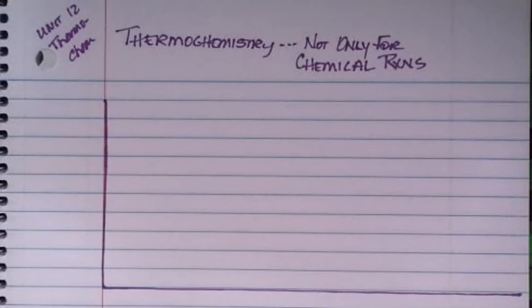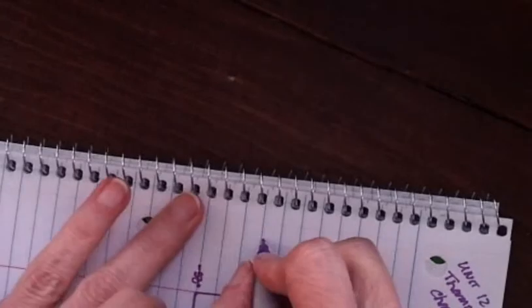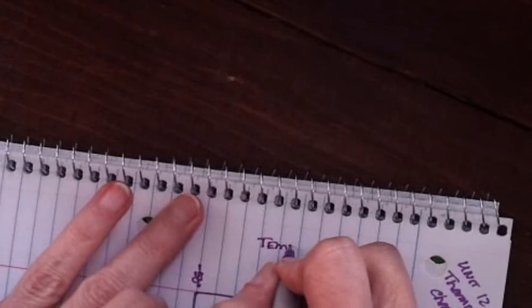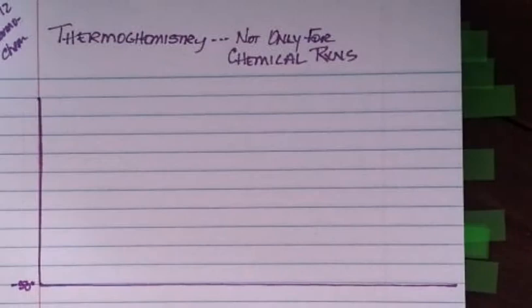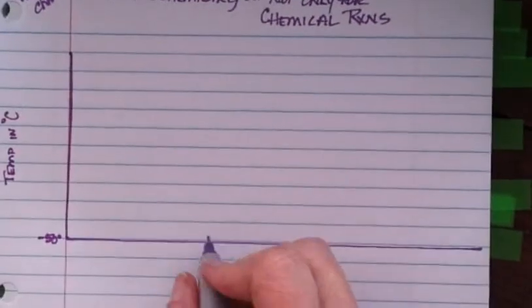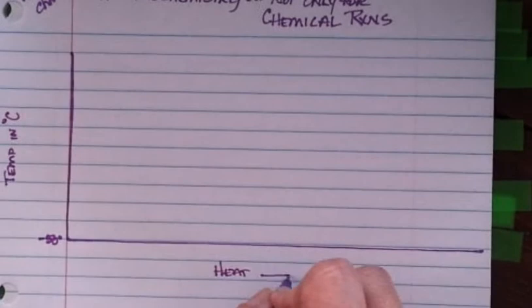And I'm going to number my graph, and I'm going to start with negative 50 degrees Celsius down here on the bottom. So on the y-axis, I'm going to put temperature in degrees Celsius. And on the x-axis, I'm going to put heat. And the heat's going to increase as we go this way.